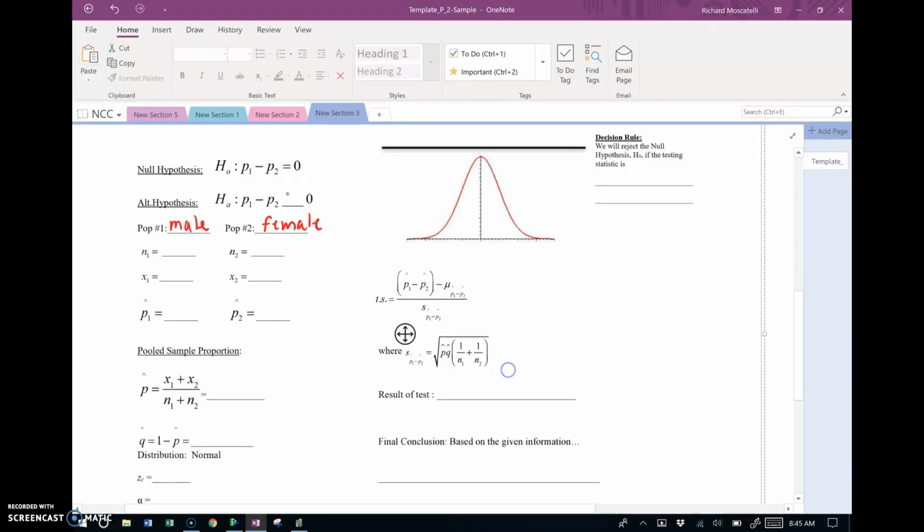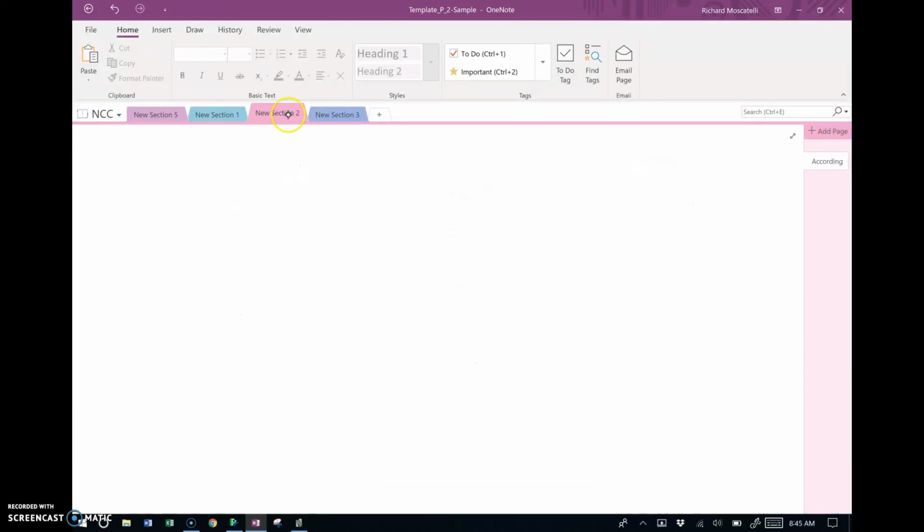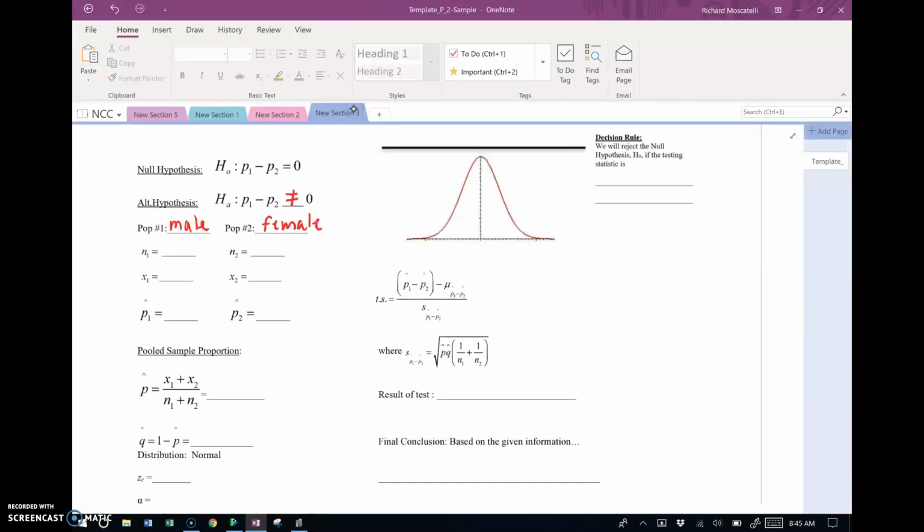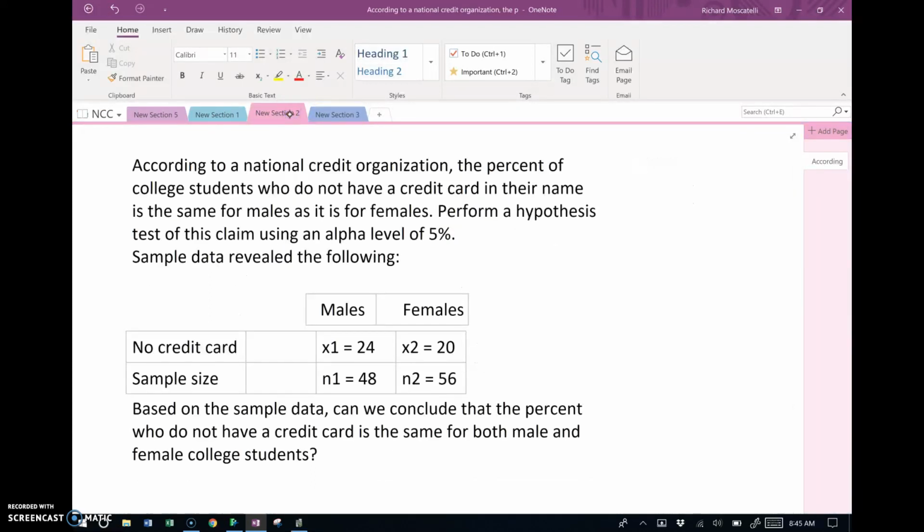We'll test that against the alternative that it's different. They give us sample sizes: for each group it was 48 and 56. And for the number that said they don't have a credit card, for the males that was 24, and for the females that is 20.